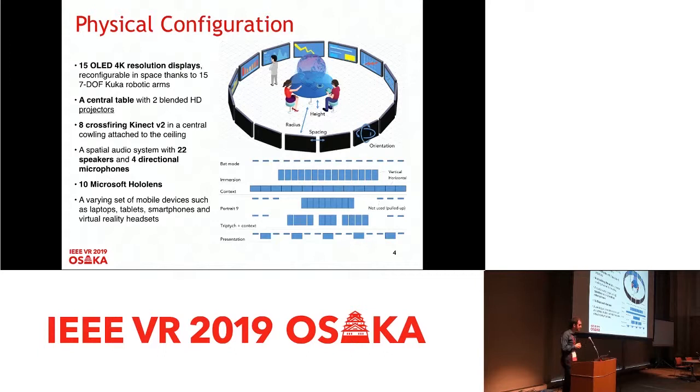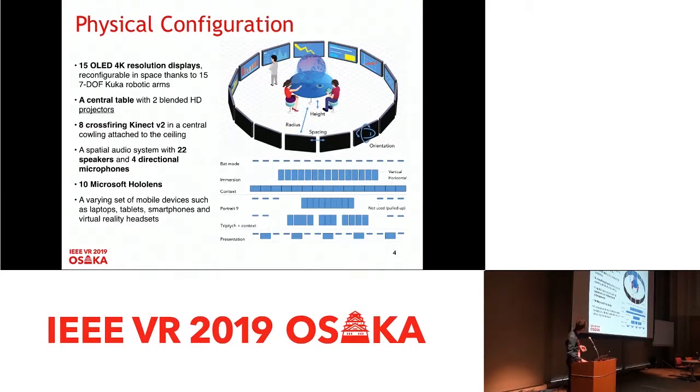We have a central table that we envision for collaboration and putting insights together as a team, because the idea is that we are building a sort of meeting room for the future. The table has projections originated by 2 HD projectors. We have what we call the perception system, composed of 8 Kinect V2 sensors attached to the ceiling that allow us to understand which interactions are performed on the table and around the environment.